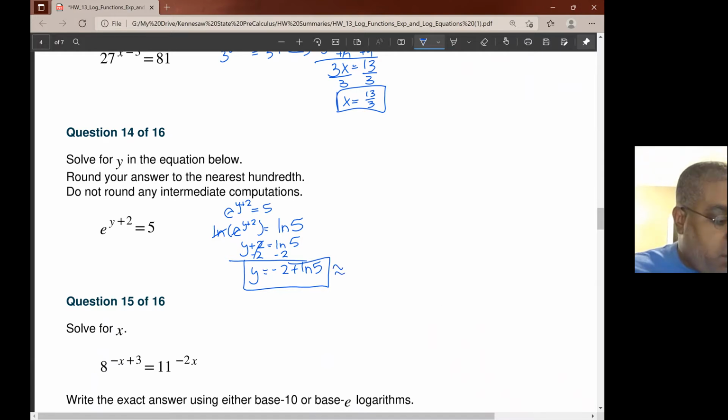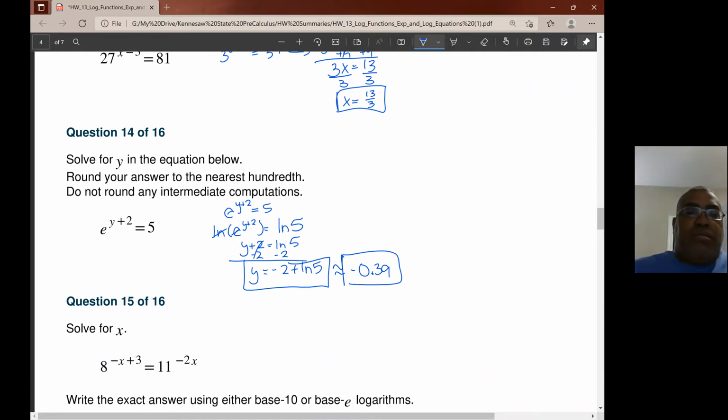Is equal to negative 2 plus natural log of 5, and we end up with negative 0.39. I put the negative 2 plus the natural log because if you put minus 2, you don't want to accidentally think it's the natural log of 5 minus 2 in parentheses, as opposed to natural log of 5, then minus 2.